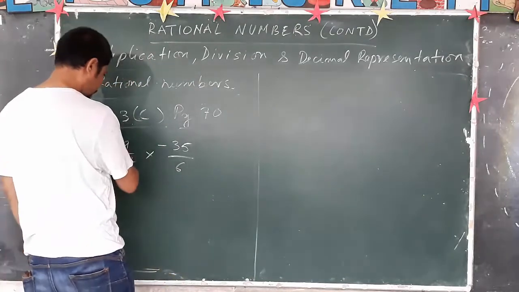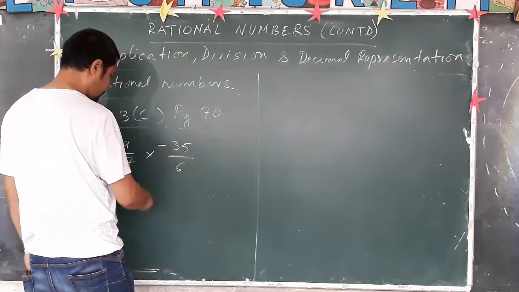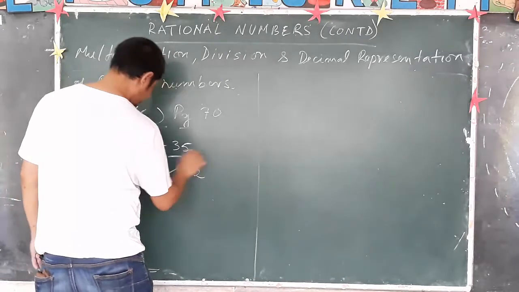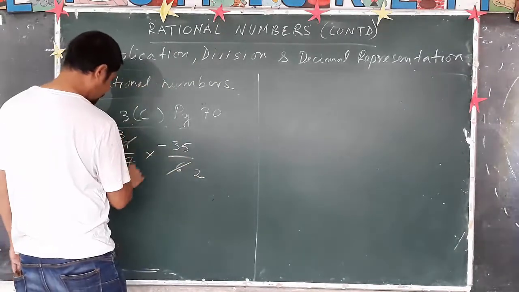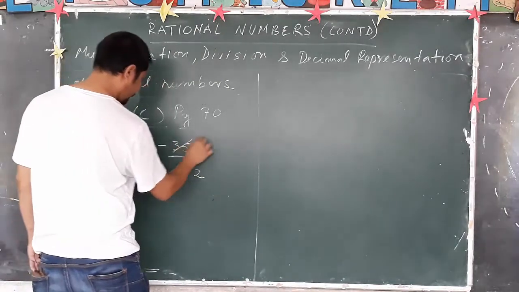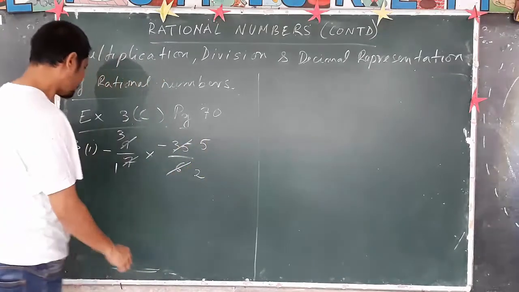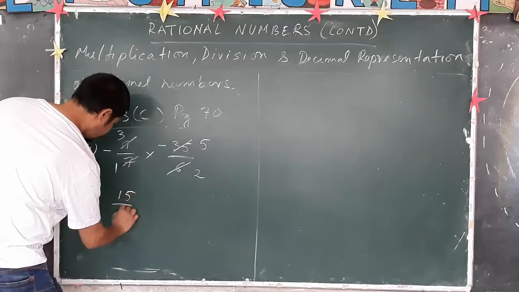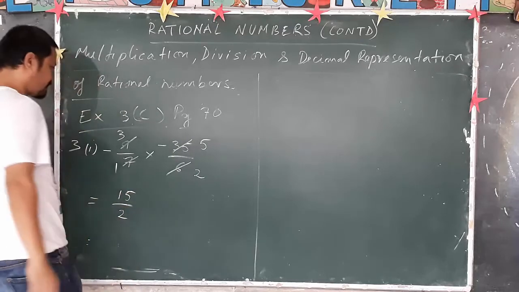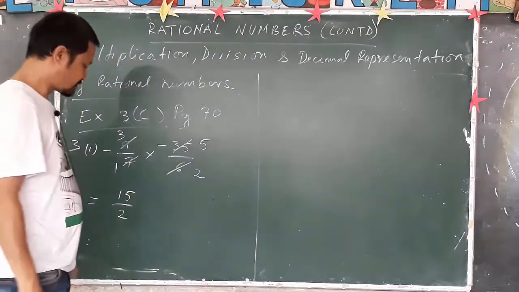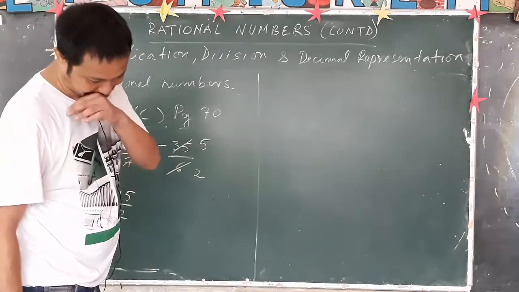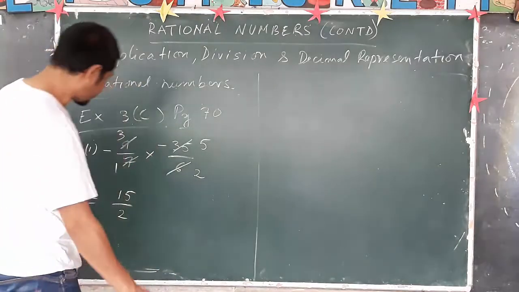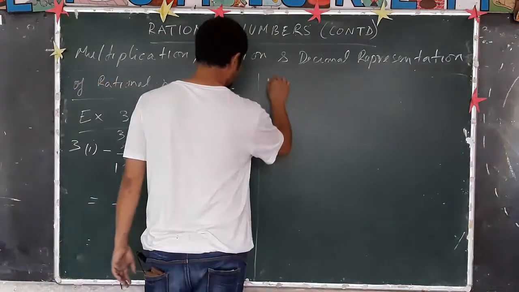Okay, so I think we can reduce all these numbers. 3 2s are 6, 3 3s are 9, 7 1s are 7, 7 5s are 35. So I think this is 5 3s are 15 by 2. Be careful of the minus signs. Okay, so this is 15 by 2. So you'll have to convert them again if you do your rough work.